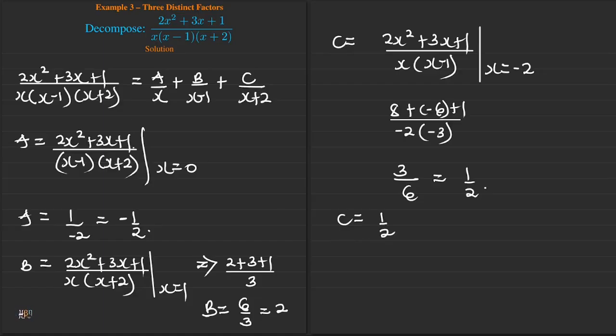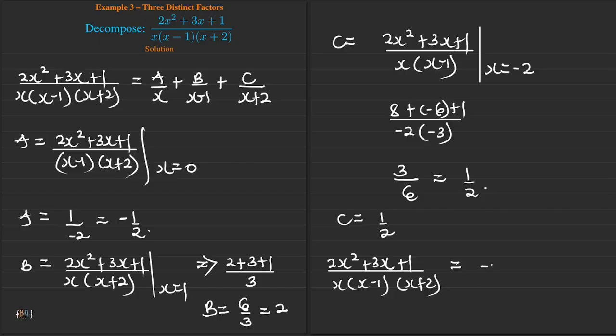Hence, rewriting our fraction in terms of its partial fractions, we have 2x squared plus 3x plus 1, all over x into bracket x minus 1 and then x plus 2, and that is equal to our a. A was negative 1 over 2, so by now we know how to easily write it.